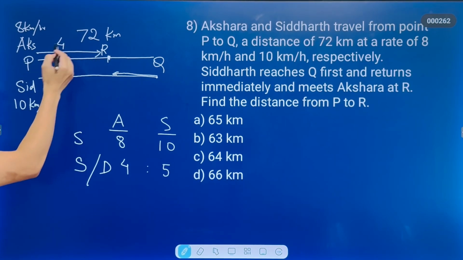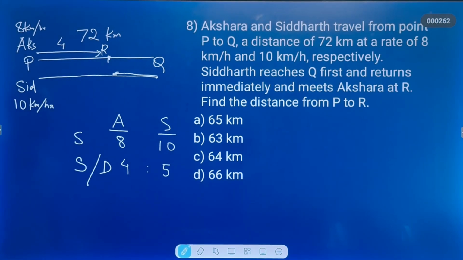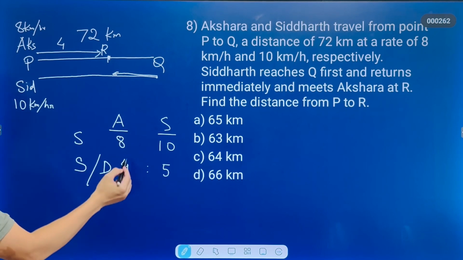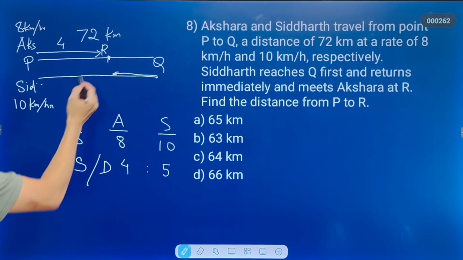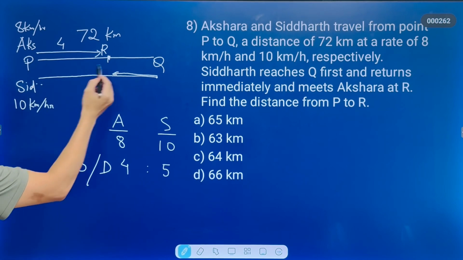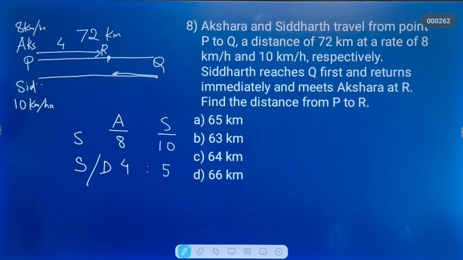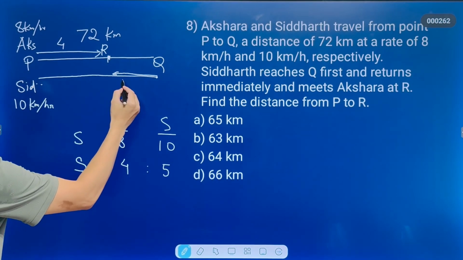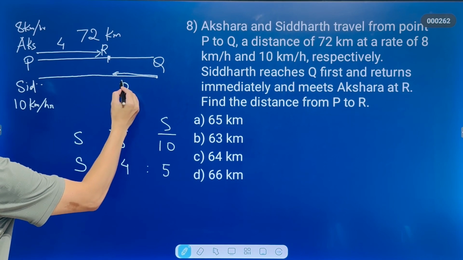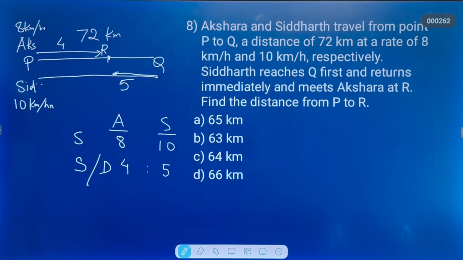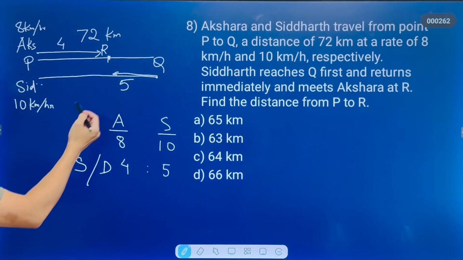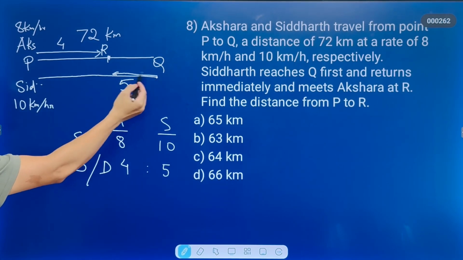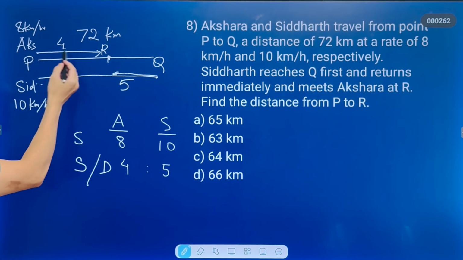Akshara is 4 means from P to R that is 4 units. Now Siddharth traveled from here to here and then back till R, that means PQ plus QR, that is equal to 5 units. So Siddharth's distance is 5 and Akshara's is 4.